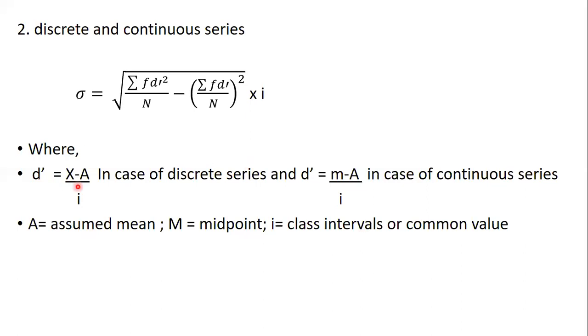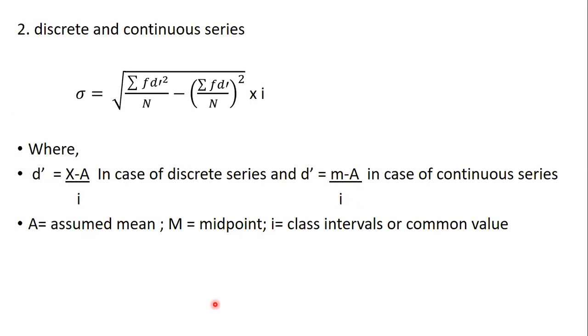This value of d dash is for discrete series. For continuous series, we have to take d dash is equal to midpoint. Instead of x, we will have midpoint in the continuous series with class intervals. So midpoint minus assumed mean divided by class interval or common value. So this is for continuous series.